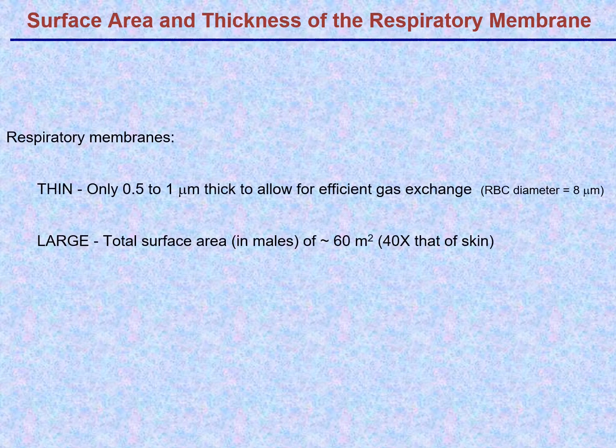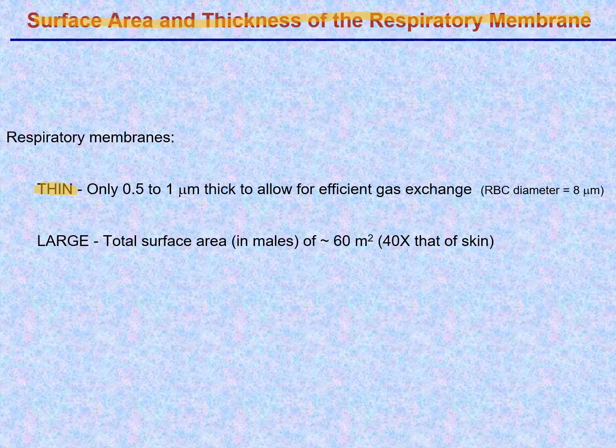The third key factor determining how efficiently, or helping the efficiency of external respiration, are the respiratory membranes. Both the surface area and the thickness of the respiratory membrane are key. They need to be thin. They're very thin. That allows for good diffusion of gas.